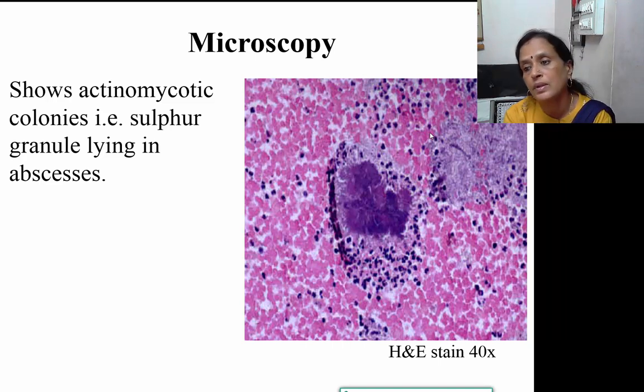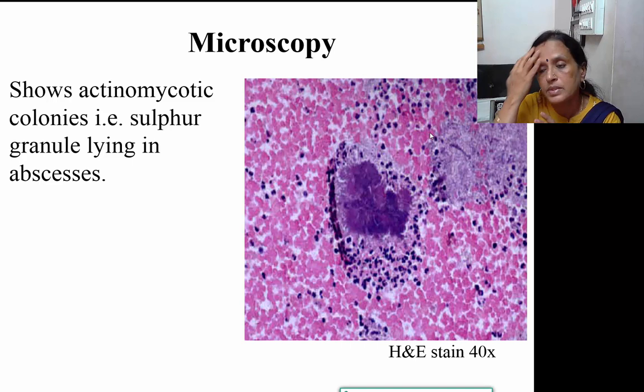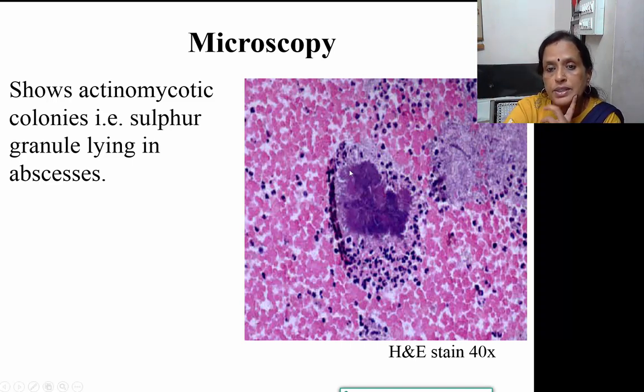See, these are the organisms. We can make out these actinomycotic colonies, which are oval or round or slightly irregular, typical bluish structure. Okay, these are the filaments.